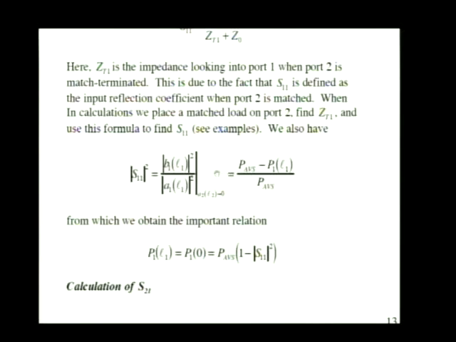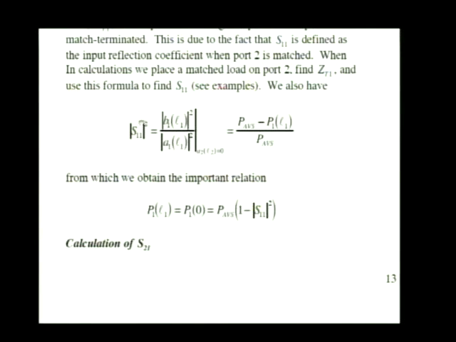This equation for the magnitude of S11 squared is not as often used in this particular form. A form that this equation is most often used in is multiplying both sides by PAVS and solving for P1. What you end up with is P1, the power at port 1, is the power available from the source times a quantity 1 minus magnitude S11 squared.